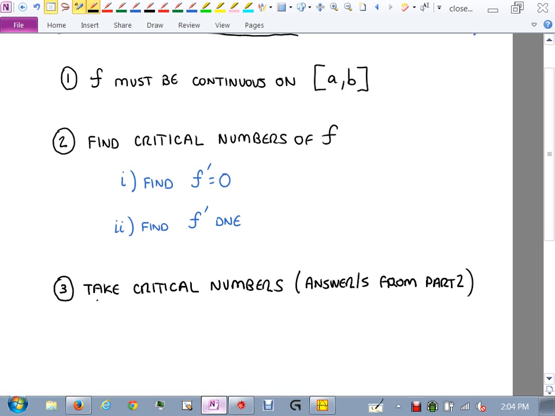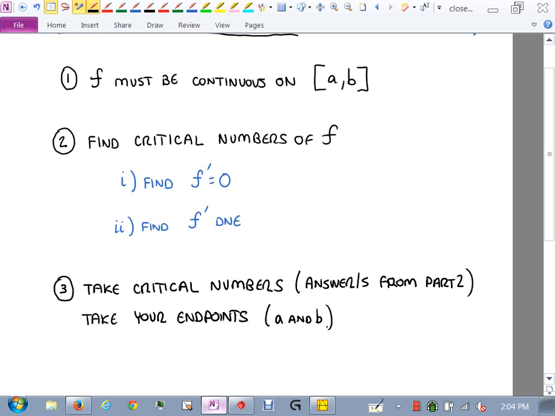So you take those critical numbers that you just got in part 2, take your endpoints. What do I mean by endpoints? A and B, so I'm referring to A and B.